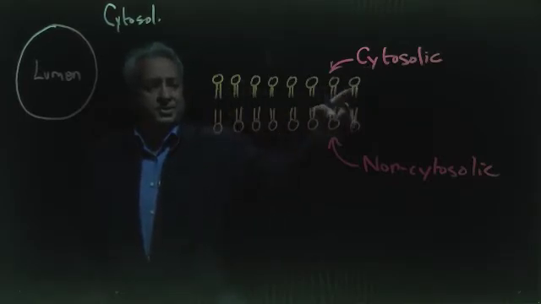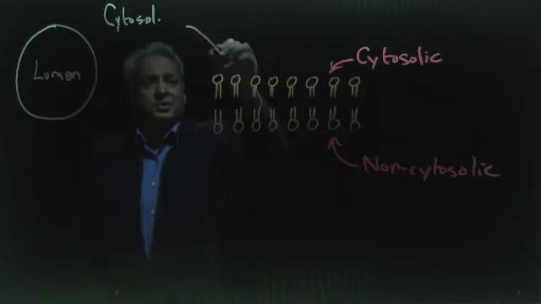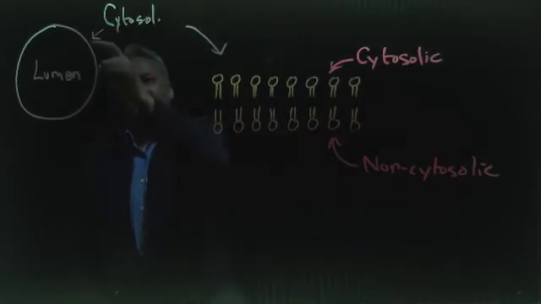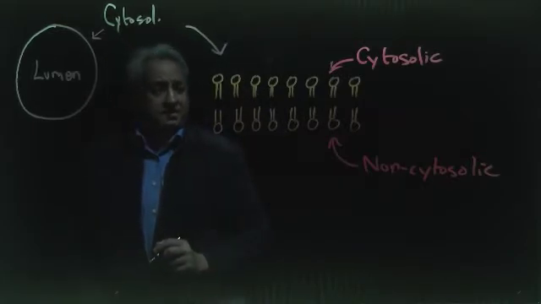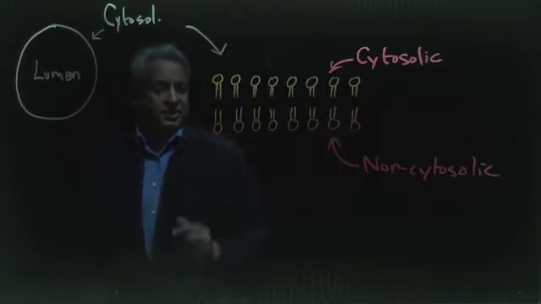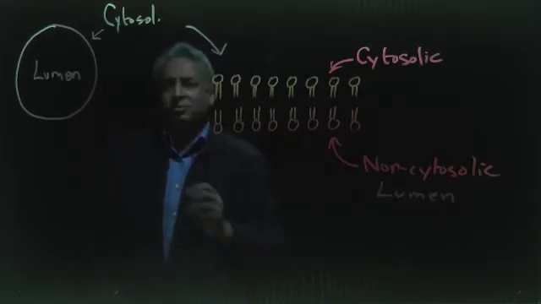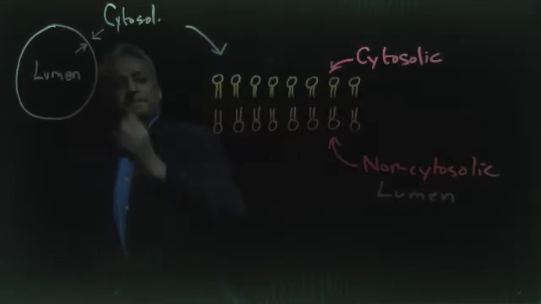This side here, the top surface, will be facing the cytosol. So here we would have the cytosol, just like we do facing the top surface of that membrane. The non-cytosolic surface of this leaflet, which is also called the lumen in this particular case, will be facing this side.